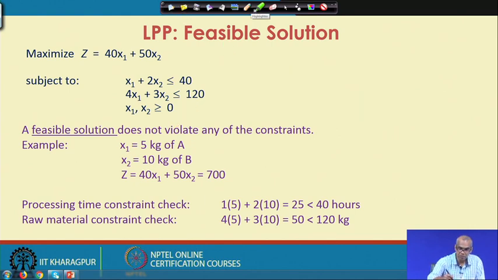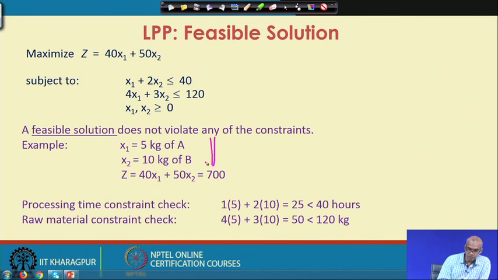For example, if I take x 1 equal to 5 and x 2 equal to 10, that means x 1 equal to 5 kg of A and x 2 equal to 10 kg of B. So, let us look at x 1 equal to 5 and x 2 equal to 10, whether they violate the constraints or not.